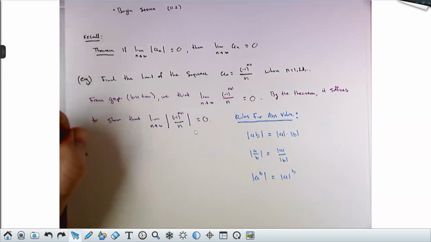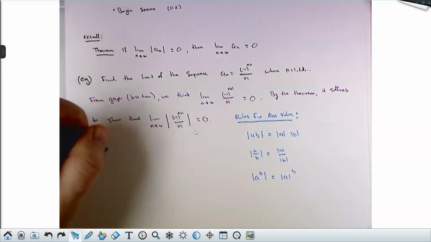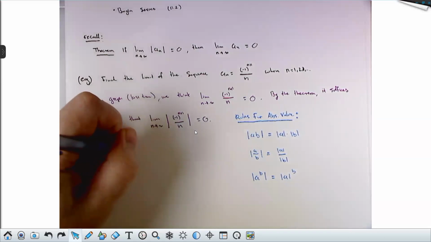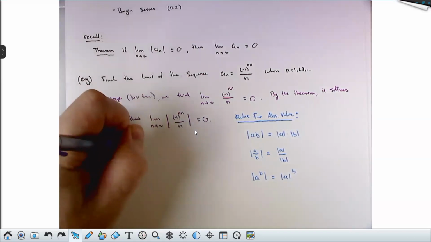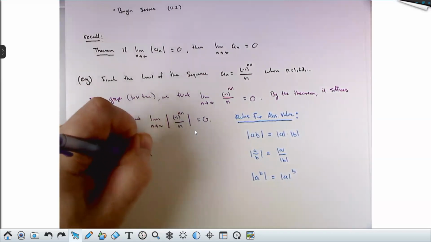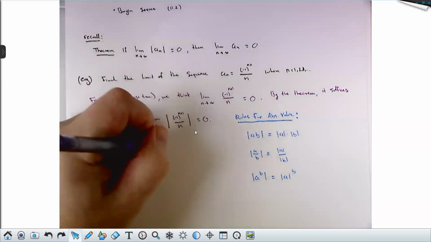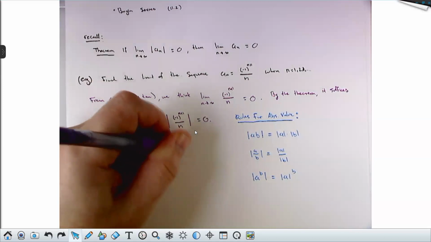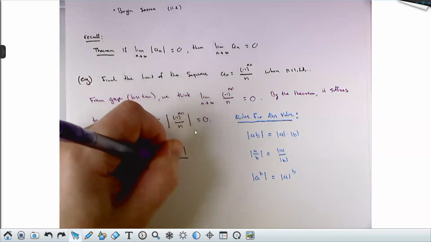So the limit as n goes to infinity of the absolute value of (-1)^(n+1) divided by n, by the second rule, is the limit as n goes to infinity of (-1)^(n+1) over the absolute value of n.